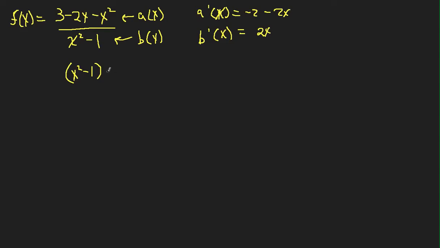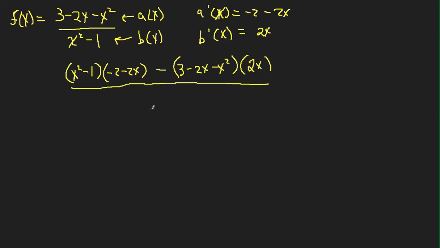So it's the second times the derivative of the first, which is our a prime of x, which is negative 2 minus 2x, all in parentheses, that's important, minus our first original function, which is just 3 minus 2x minus x squared, like that, times the derivative of our second, which is our b prime of x, which is just 2x. And all of this is over the second function, the original b of x squared. So x squared minus 1.